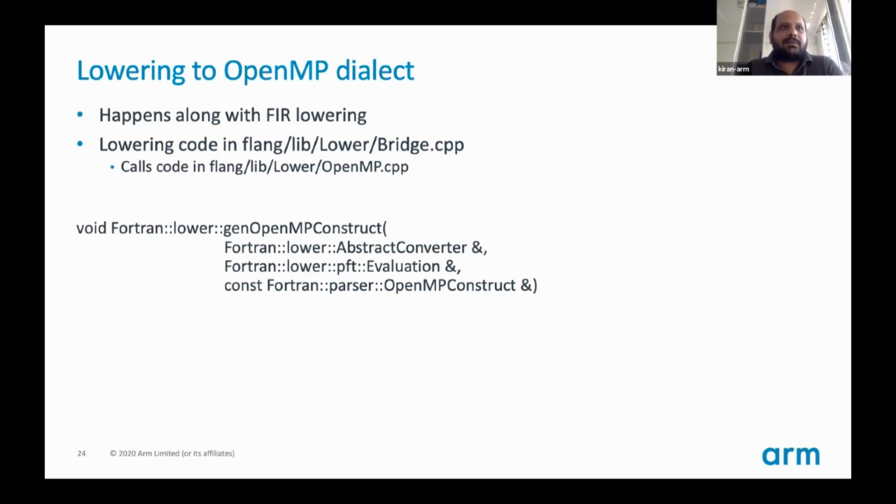It finally ends up calling a function called genOpenMPConstruct, which is given an argument called the OpenMP construct. And depending upon the real type of the OpenMP construct, if it's a barrier construct, then it's the job of this function to create an operation in the MLIR dialect for the barrier operation.